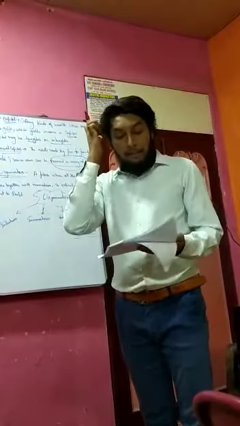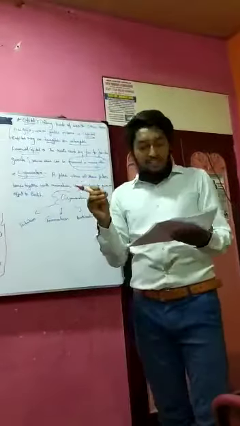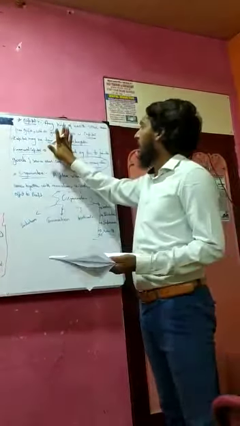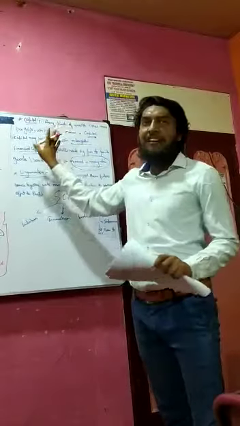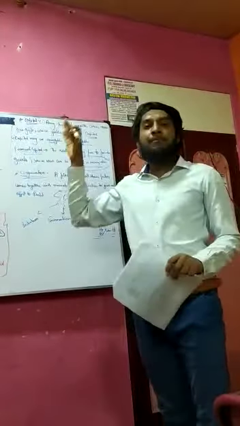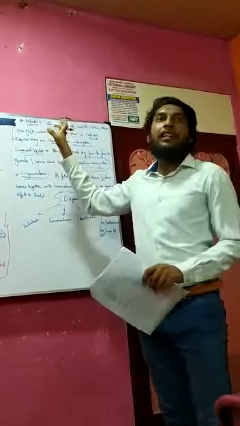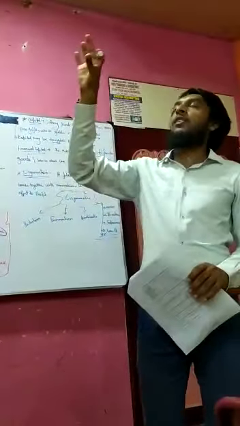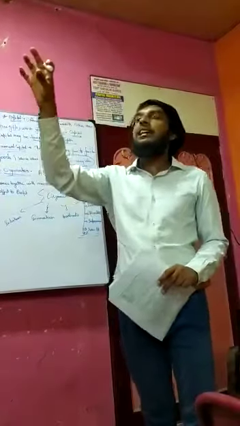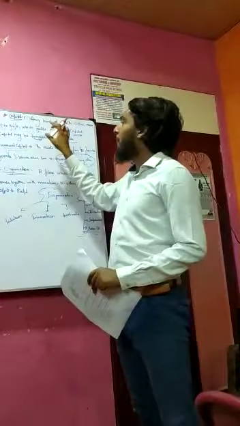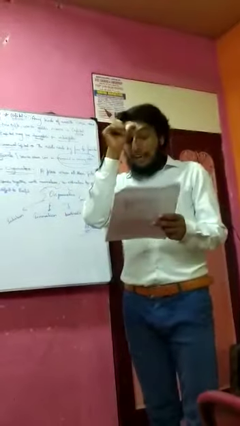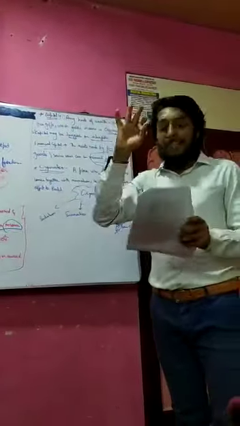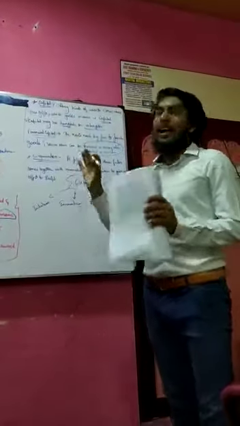Let's see some of the features of capital. It's a passive factor, and it's man-made. Man has created it; it's not given by nature. We have created it, so we take this amount as capital, and at the time of need we can utilize it. Next, supply is elastic, and capital is durable.